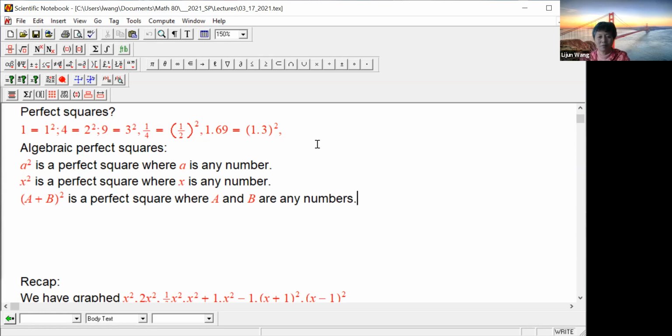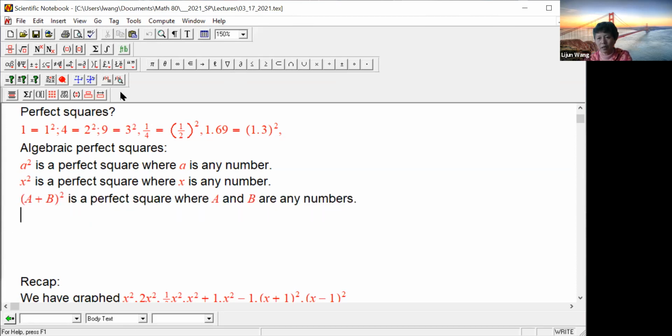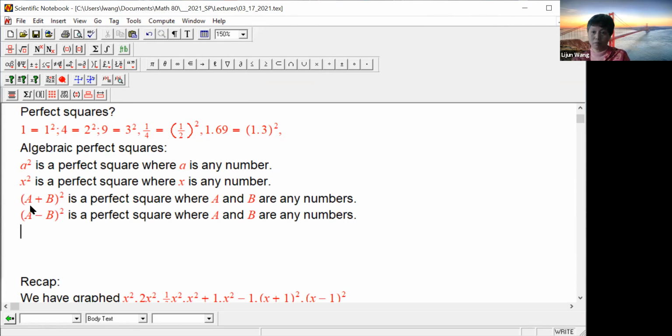Do you guys follow me? Does it look familiar? Then you say, well, if (a + b) squared is a perfect square, how about a minus b? Of course, (a - b) squared is a perfect square. You can keep going. Then you say, oh, could I do a plus b plus c and make that a perfect square?